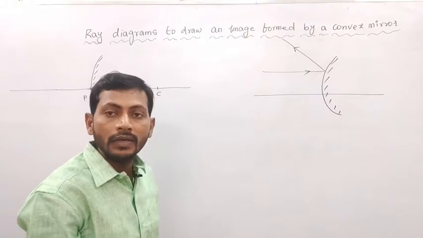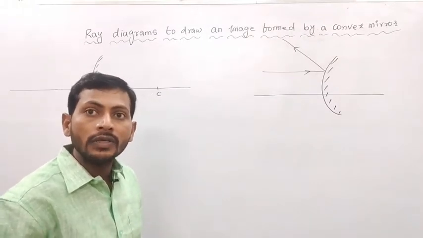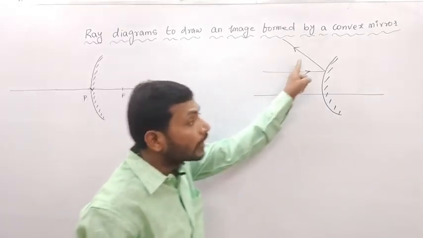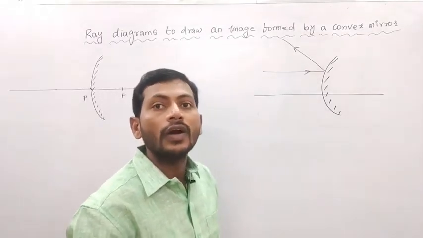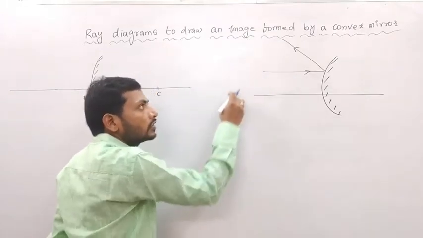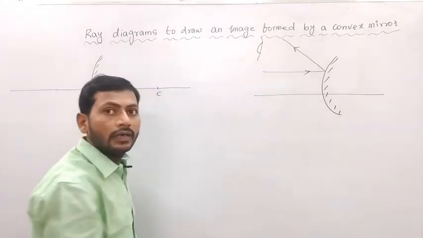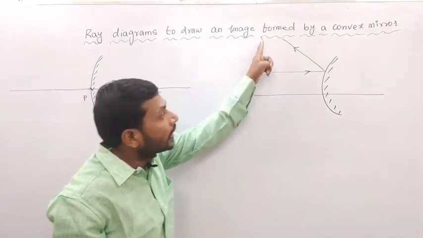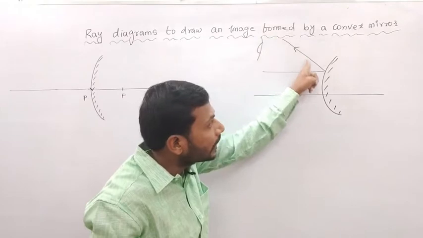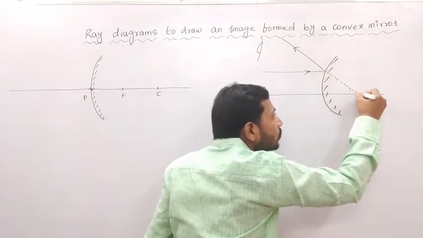But according to our rule, the reflected ray will appear to come from the focus. So when you see this reflected ray from this side, we can feel that the ray is coming from one point, which means this ray is called a virtual ray.